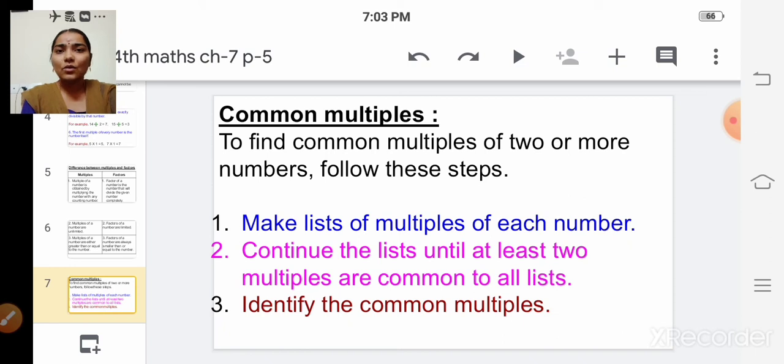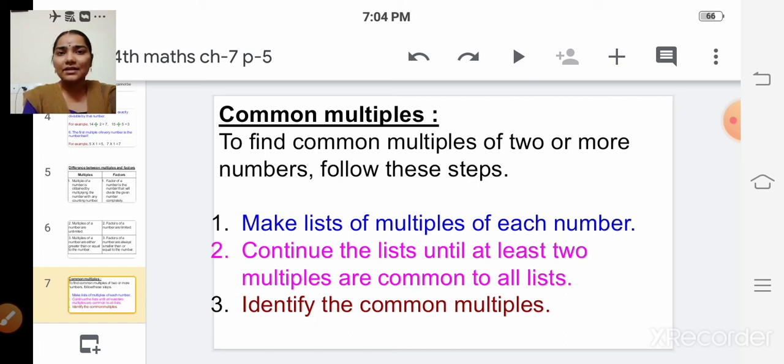Yes. So we find out the factors of each number, then we identify the common factors, isn't it? So like that, here also we are going to find out the multiples of each number, but here one more condition is there.